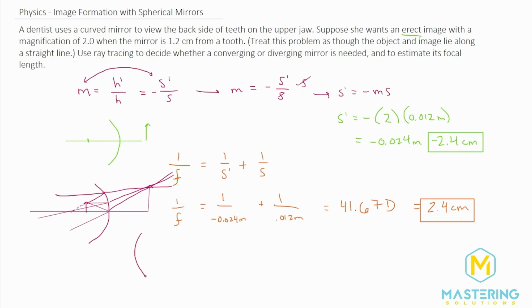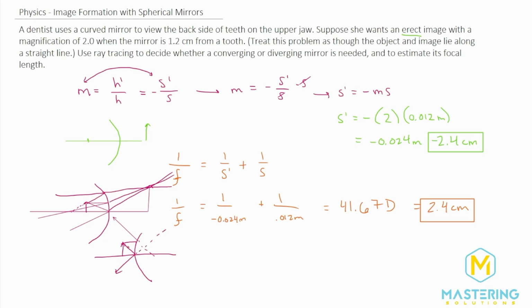If we were to have a diverging mirror, we would draw parallel light and then through the focal point, and it would diverge out like this because the focal point would be back here. We would have one straight through the center of the mirror, and it would come out like that.